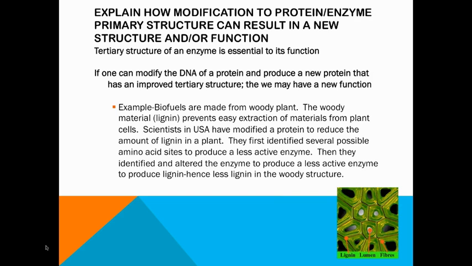Scientists in the USA have modified a protein to reduce the amount of lignin in a plant. They identified and altered an enzyme to create less lignin in the woody structure, thereby creating biofuels that are more easily extracted from woody plants.